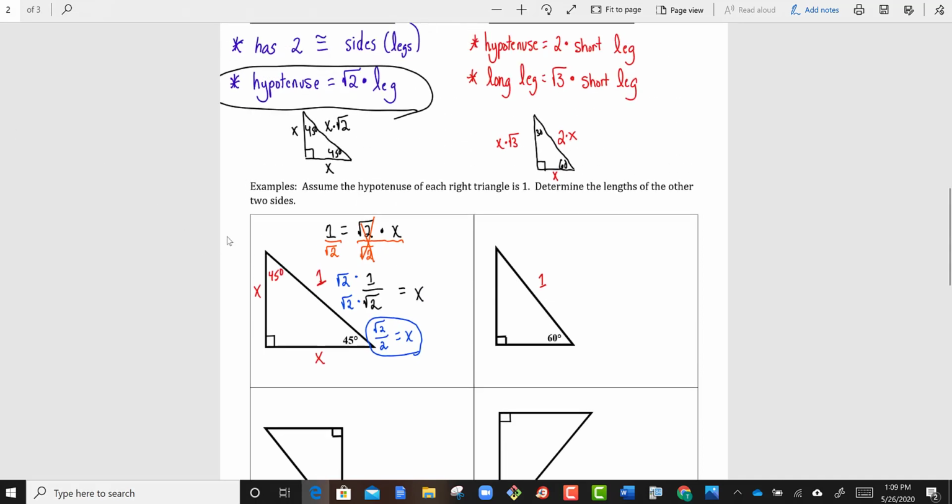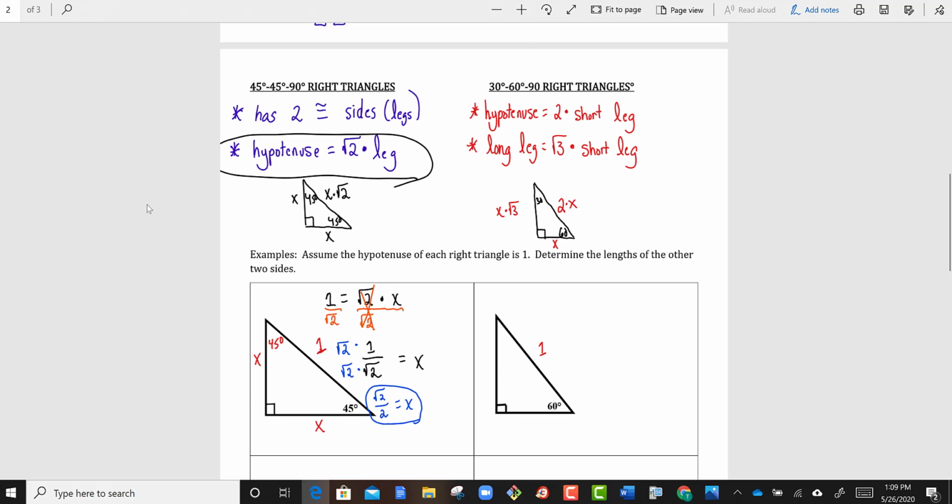All right, now let's do a 30, 60, 90-degree triangle together. So that's what this next example is. It's a 30, 60, 90, where they give us the hypotenuse is equal to 1. So this time we're going to start with this formula here. Again, they tell us the hypotenuse is equal to 1, and we need to first come up with the short leg.